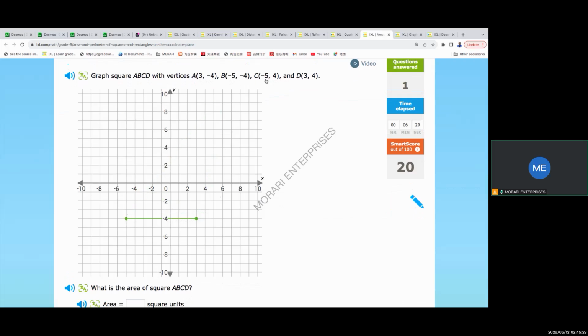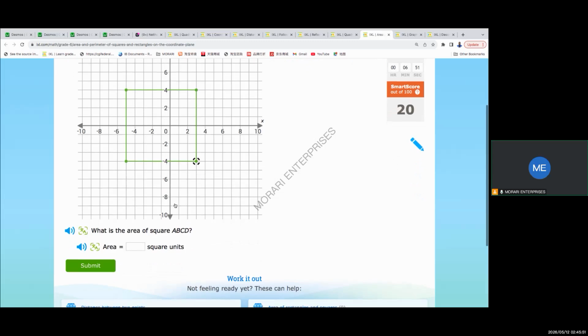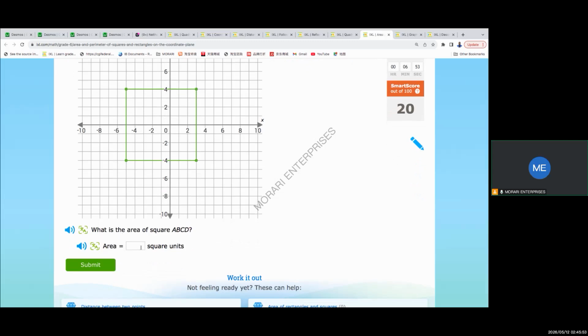The next, 5 left, 4 up. Right there. And next, 3 right, 4 up. So start from the origin, 3, 4, and we have this square. And then what is the area of the square?